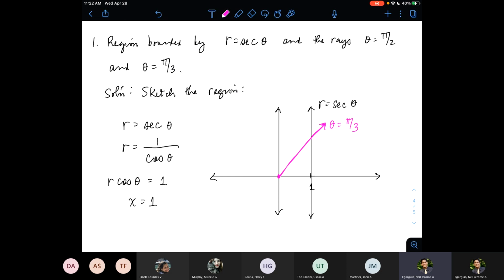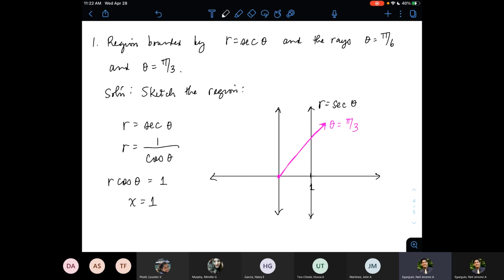Perhaps, let me see. Perhaps I had a typo here. It shouldn't be pi over 2 because if it was pi over 2, then it would be unbounded all over there, right? Because this is theta equals pi over 2. So let me change that a bit. I think this should be pi over 6.